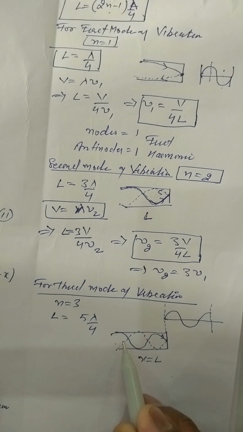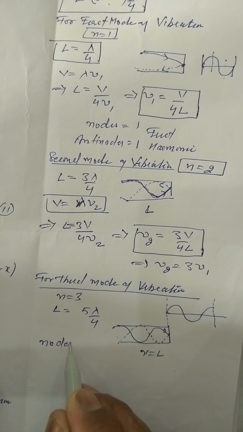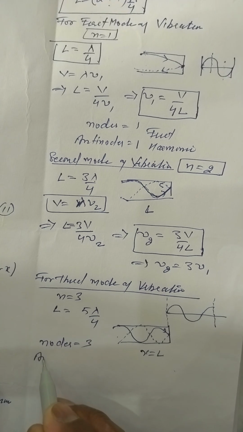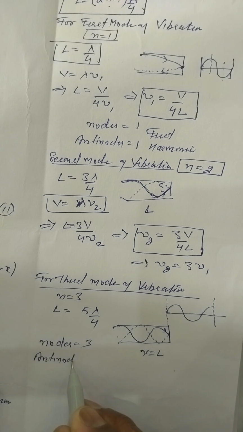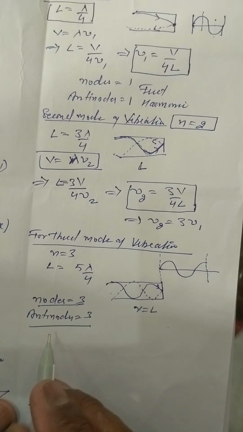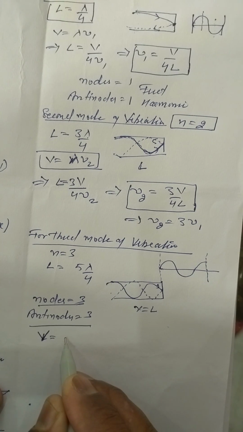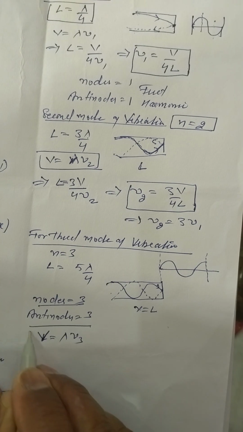So 1, 2, 3 nodes and 1, 2, 3 antinodes. So in this case, nodes are equal to 3 and antinodes are equal to 3. In this way you can find, and we can write here the value of nu 3. V is equal to lambda into nu 3.